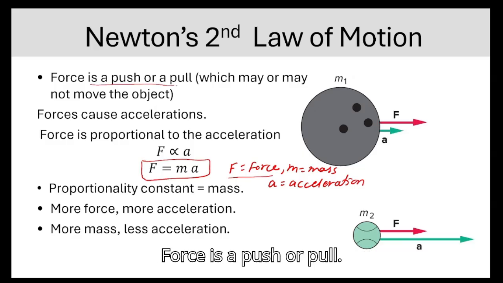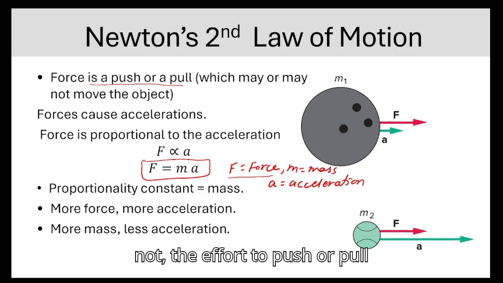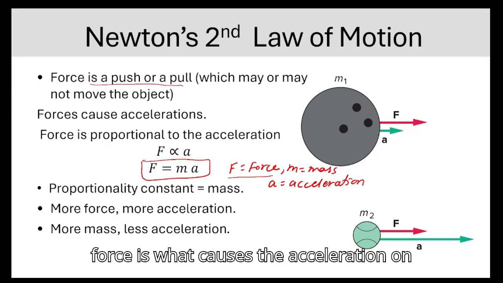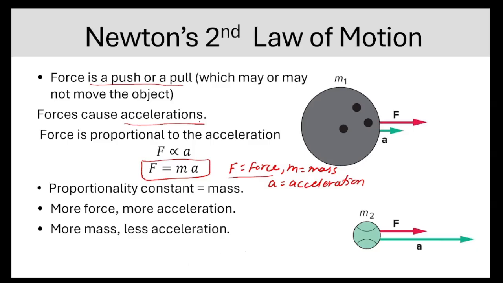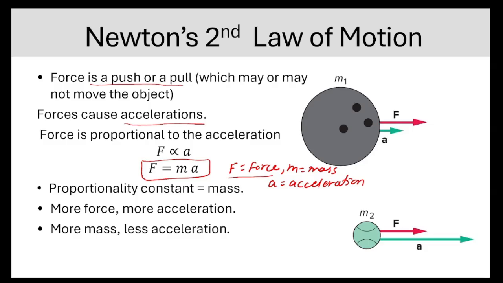Force is a push or pull, whether the object is moving or not. The effort to push or pull is called force, and force is what causes the acceleration on an object. The relationship is direct, so we can use it to define the unit of force itself.